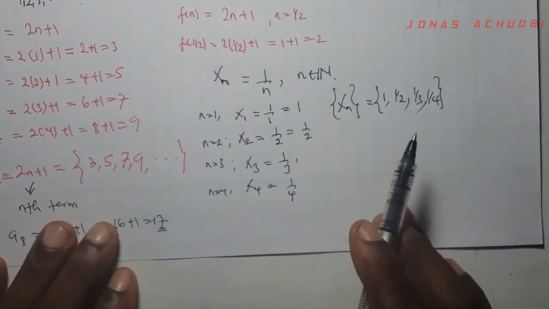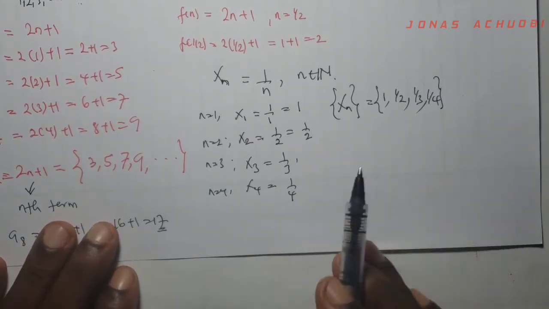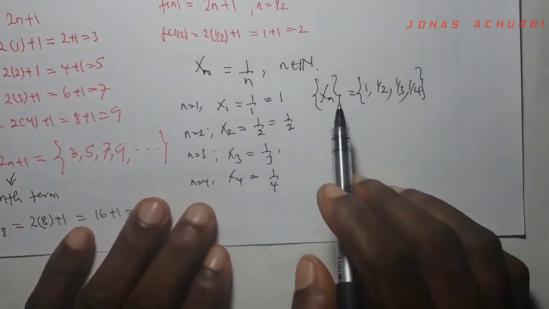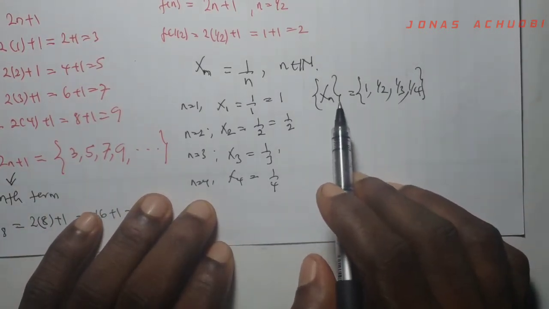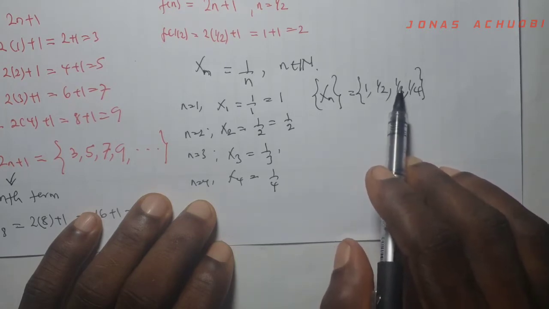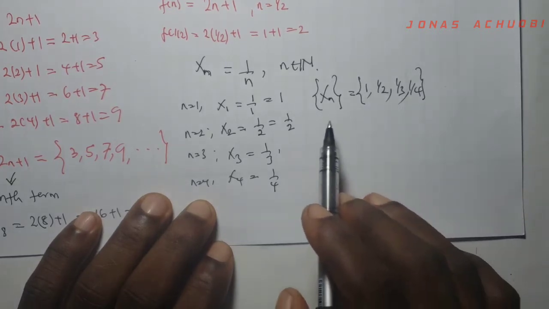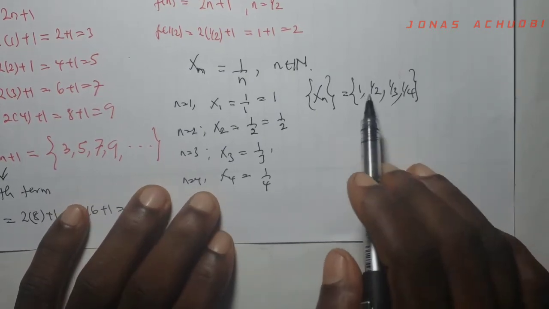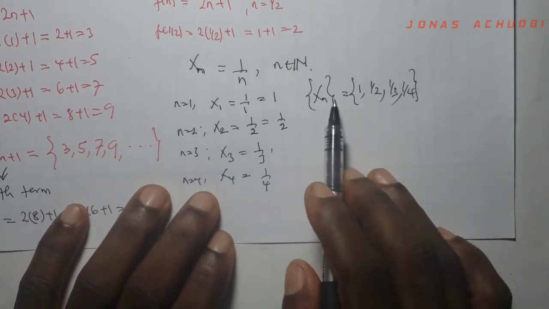Now a sequence is either finite or infinite. Let's go back to the sequence xn. xn has 4 terms: 1, 1 over 2, 1 over 3, 1 over 4. Let's assume for a second that these are the only terms of this sequence.